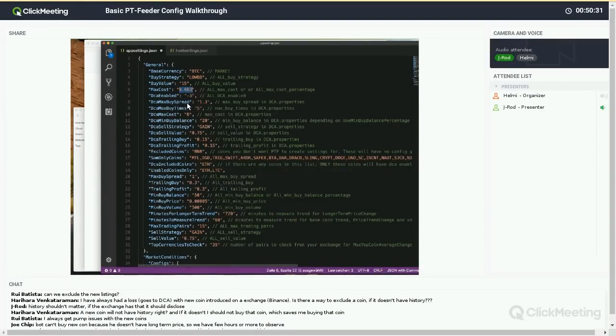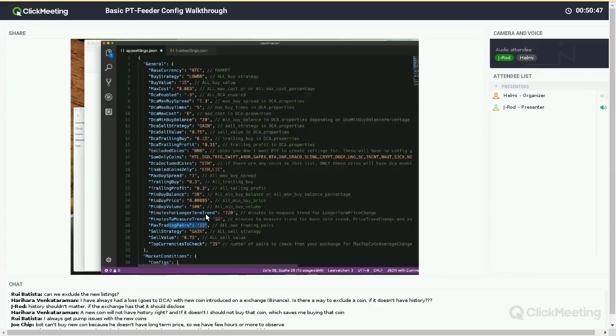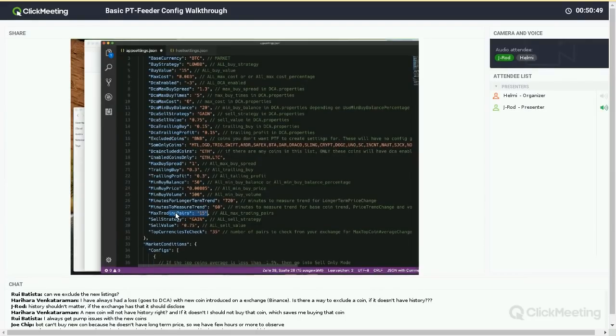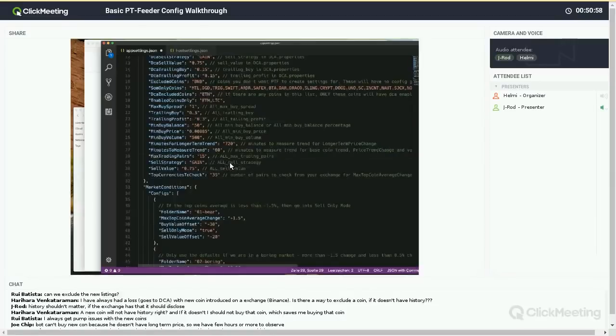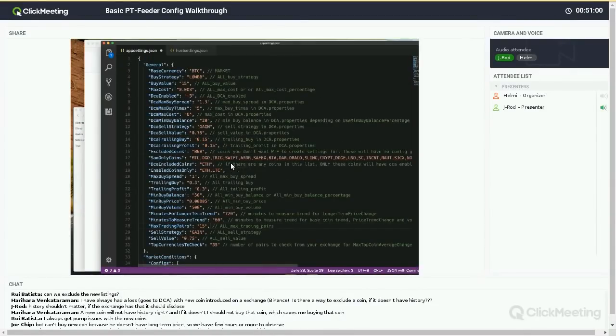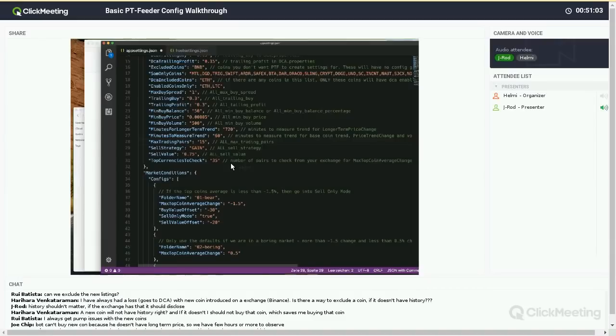What could one pair cost me when it goes to 5 DCA? Take the value that comes out of that calculation and multiply it by the amount of pairs, and then you say, okay, this would need that many BTC to enable me to do all the buys. So be sure to have enough balance for that. That's always a good thing to do, a proper calculation there.